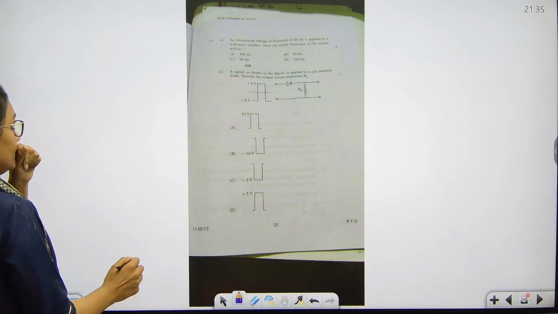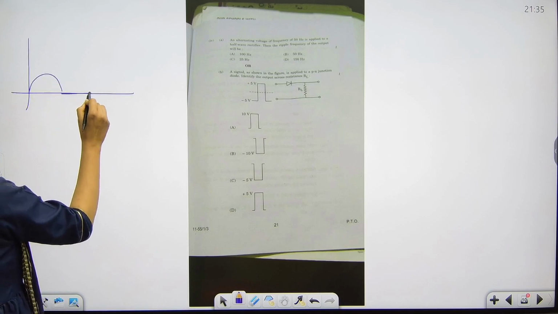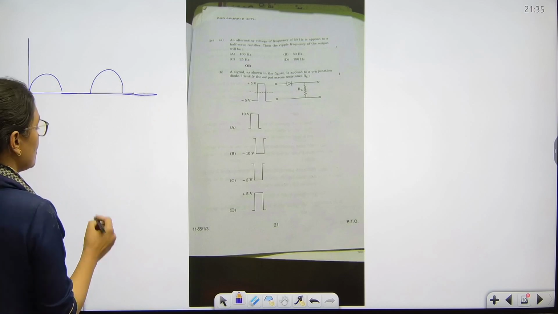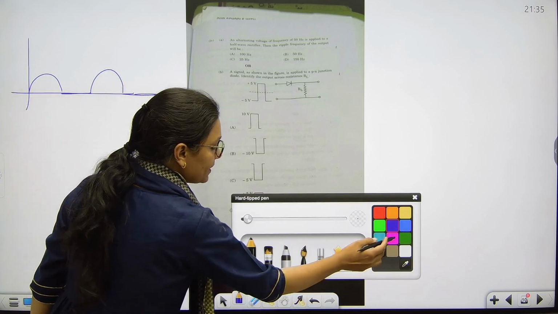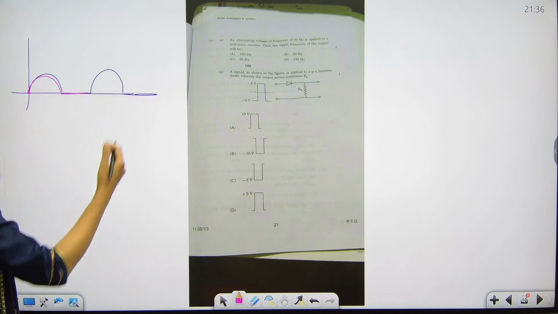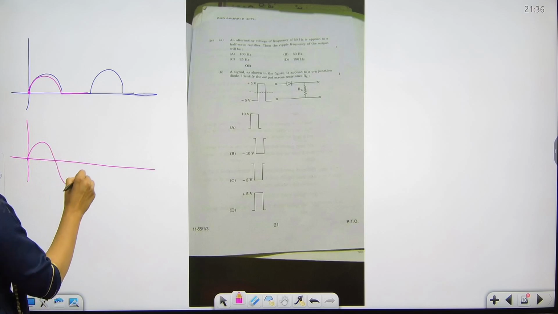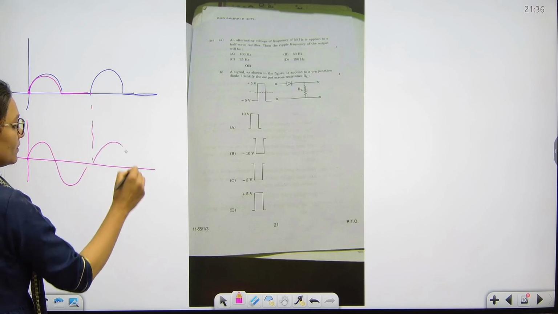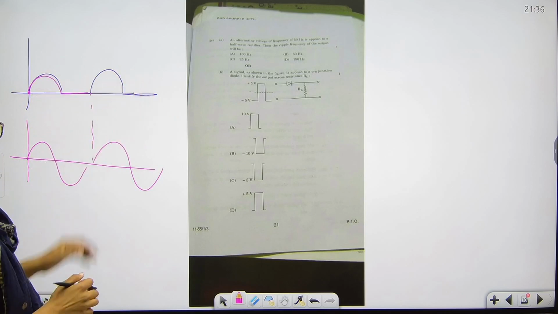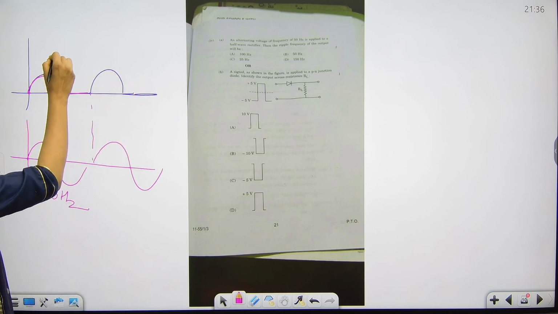In the half wave rectifier, the output is like that. Output for the first half, no output for the next half, and then again output, then no output. So if you see, this particular cycle is repeating again and again for this particular input. If this one has 50 Hertz frequency, this one will also have 50 Hertz.